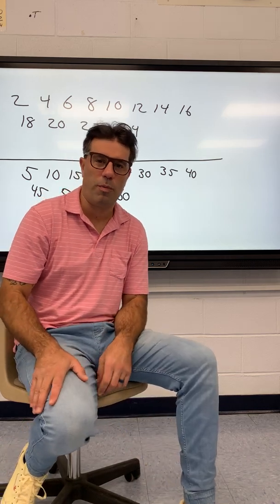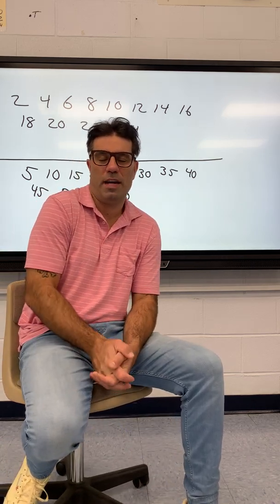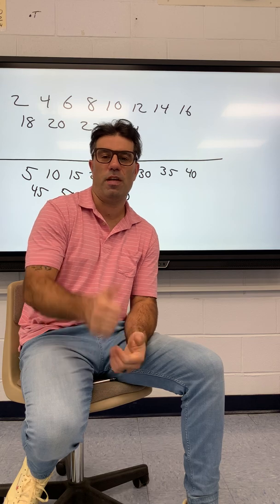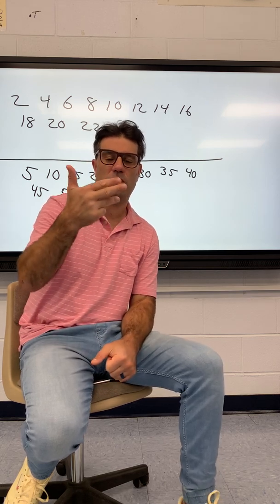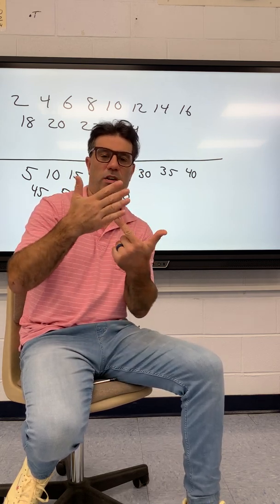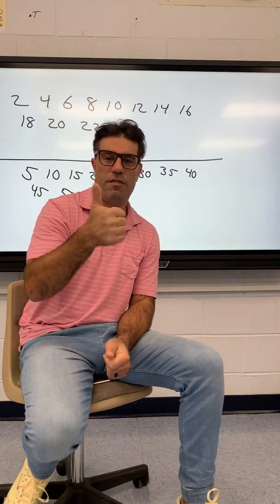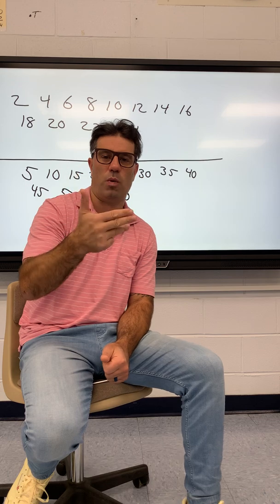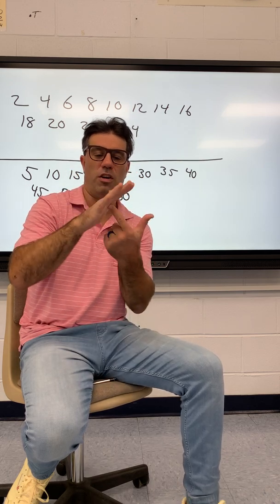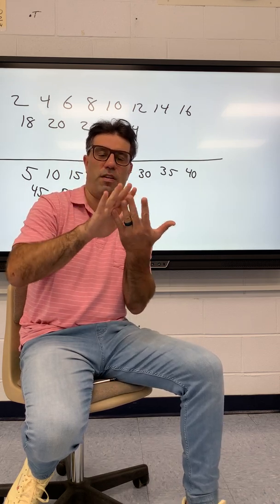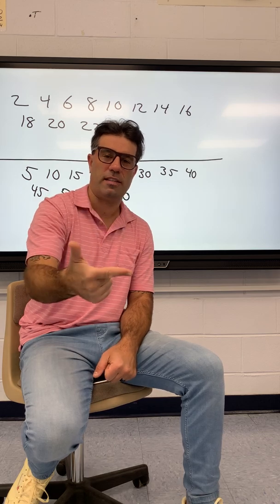Later on, maybe you want to go by 8s, but for now, just go by 5. So 8 by 5. So let's go by 5. 5, 10, 15, 20, 25, 30, 35, 40. 12 times 5. 5, 10, 15, 20, 25, 30, 35, 40, 45, 50, 55, 60.